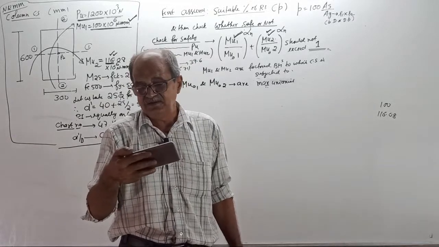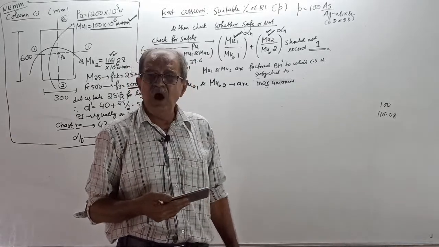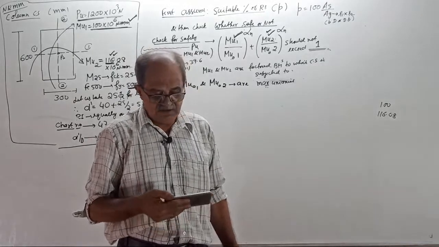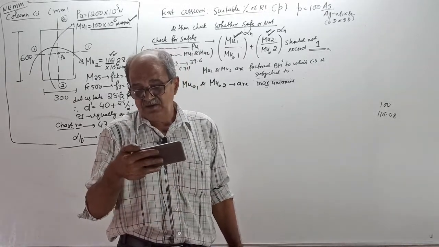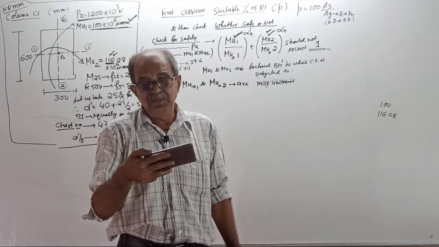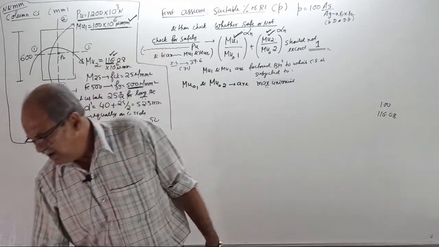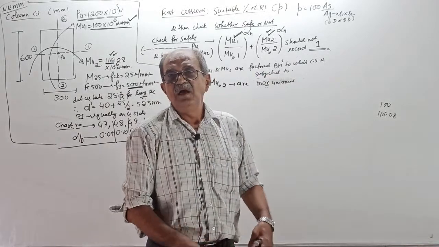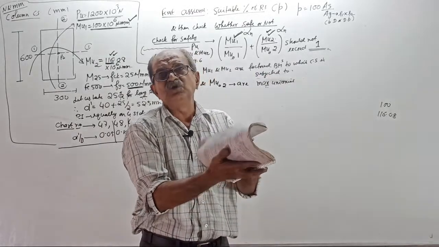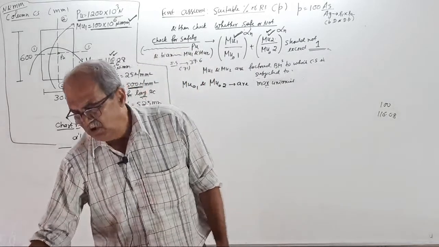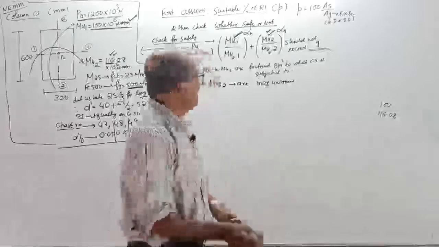Use the word bending moment. I will give you money. Because that way IS code may need one more page. Where moment is there, put bending moment. Respect to the subject is not there.